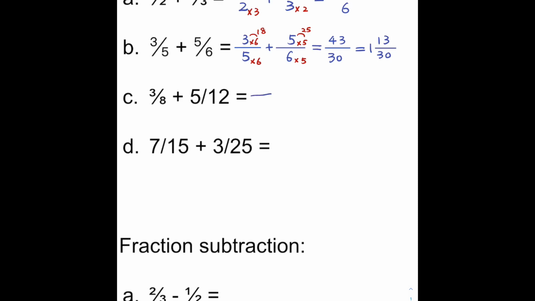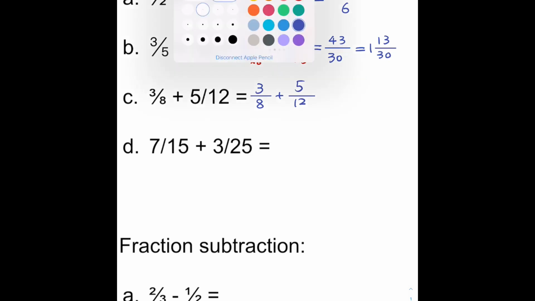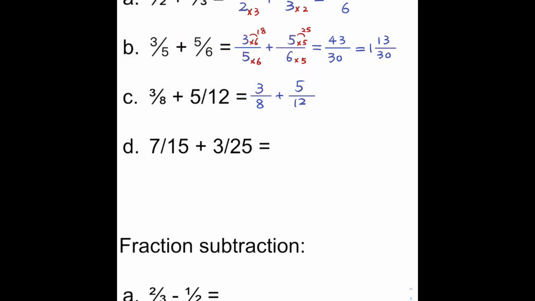Okay, this one we write it down: 3 over 8 plus 5 over 12. So what do we do? We write 8 as 2 times 4, and 12 is 3 times 4. Then we will times 3 here, and times 2 here.